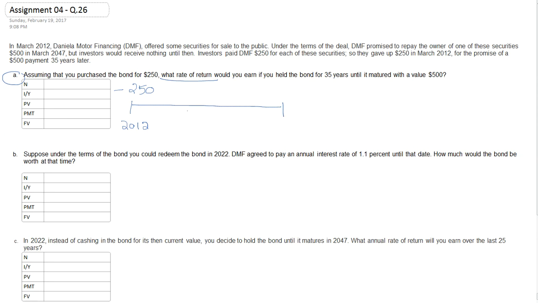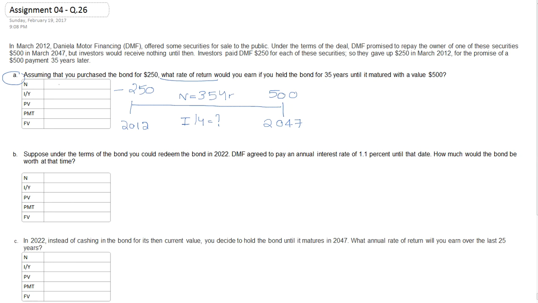If you invest in this bond for 35 years, which is N, what you will get at the end of year 35, which is year 2047, will be $500 that you can cash out by redeeming this bond, and you were asked what the rate of return from this investment will be.